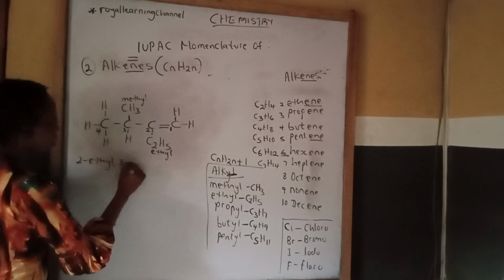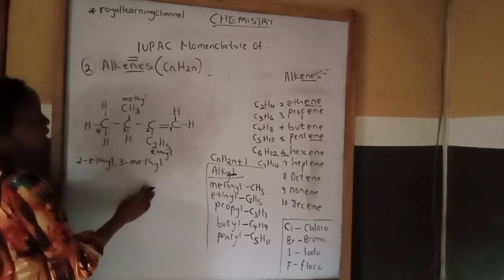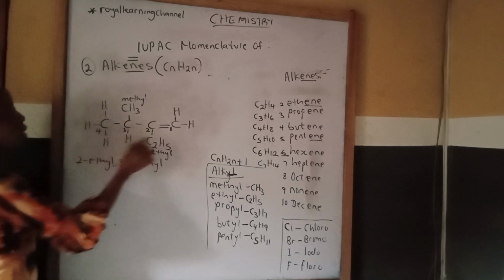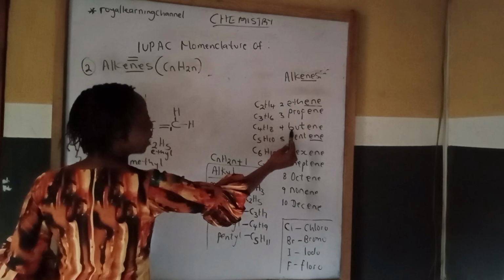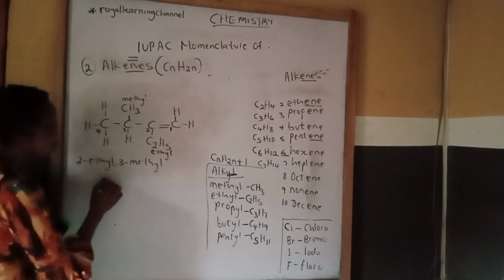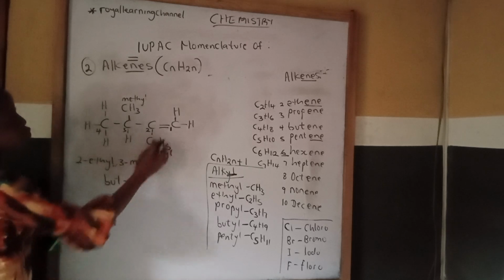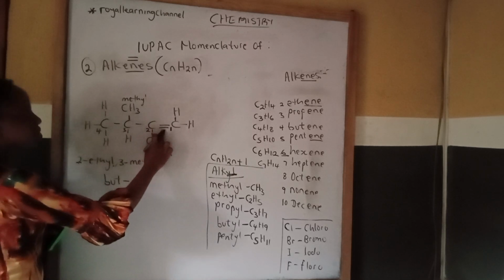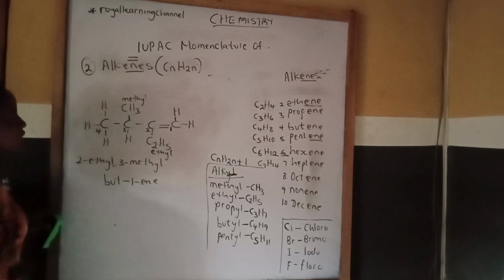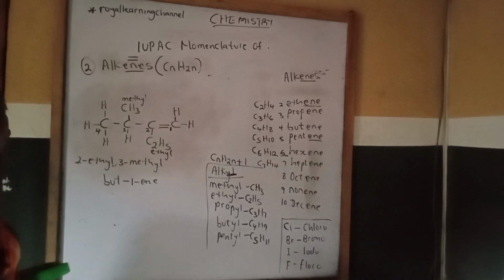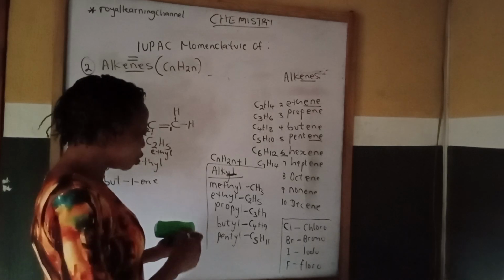That will be 3-methyl. Then your root hydrocarbon, 1, 2, 3, 4, will be the fourth member of alkane, that's butane. But we have to name the position of the double bond. We call it but, then the yne, which is our double bond, is on the first carbon atom, so we call it but-1-ene. So the name of this structure is 2-ethyl-3-methylbut-1-ene.